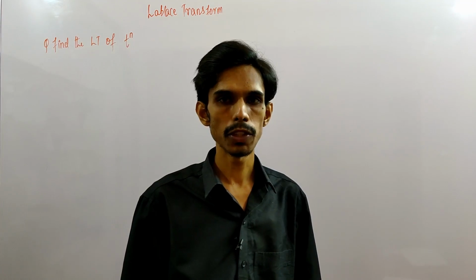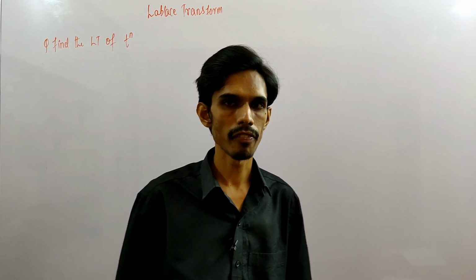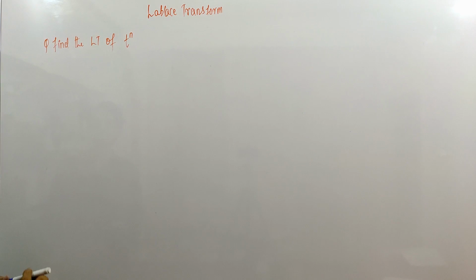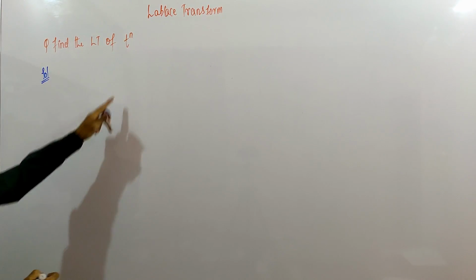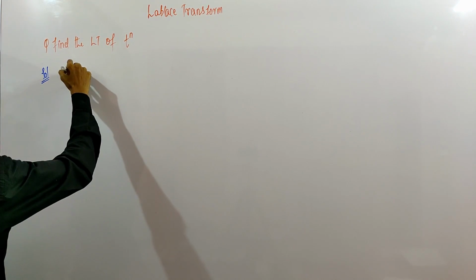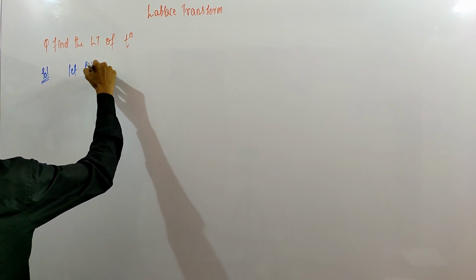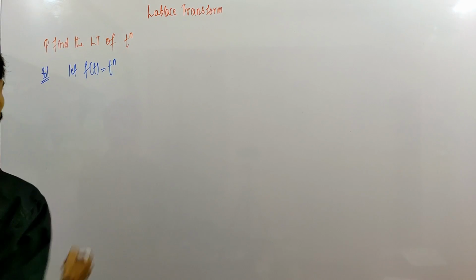Let us see the solution for the Laplace transform of t power of n. Let this be f of t. f of t is equal to t power of n.